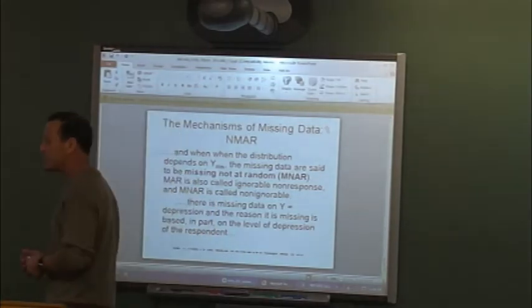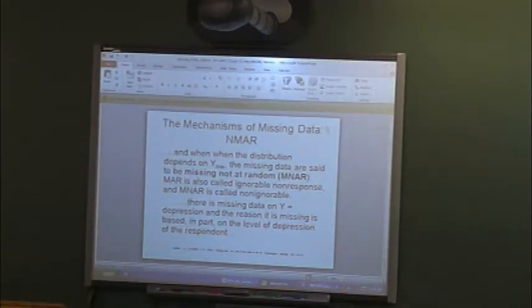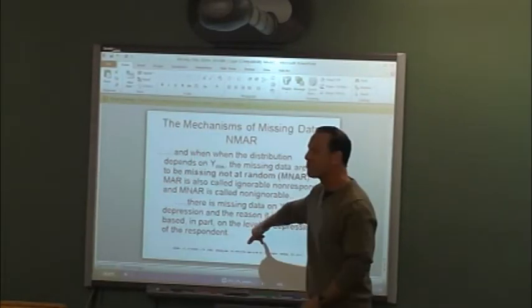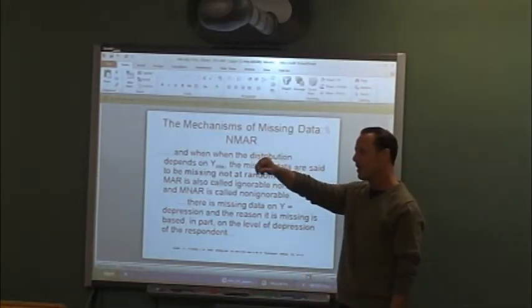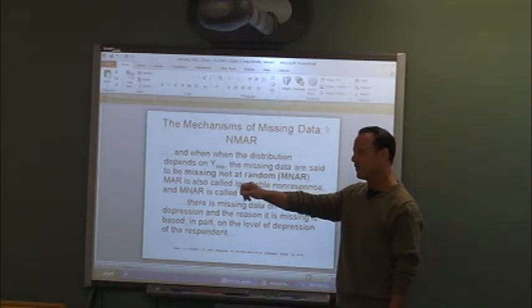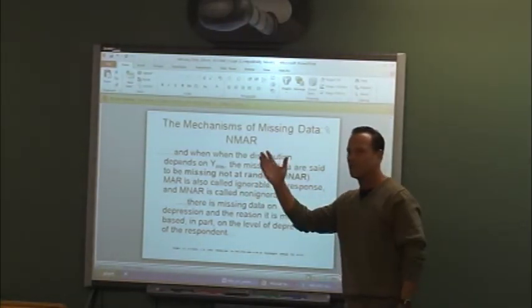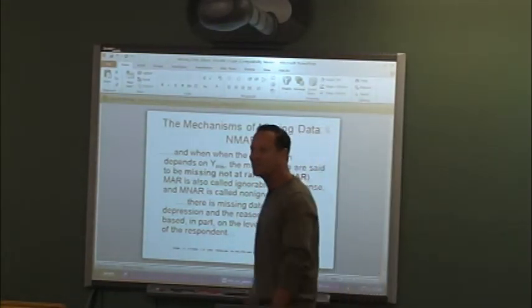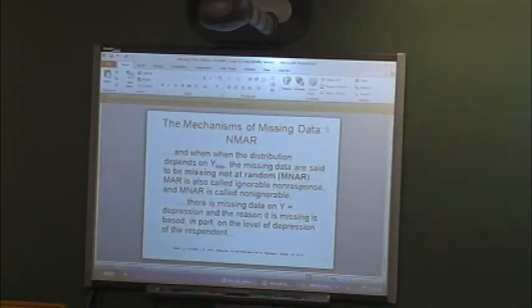That's called not missing at random, and it's non-ignorable. Layla's not answering depression because I feel hopeless today, I feel helpless today, no one really likes me, my life is down in the dumps, forget it, I'm going to go drink. So it depends on why, and you don't have any information because it's missing.